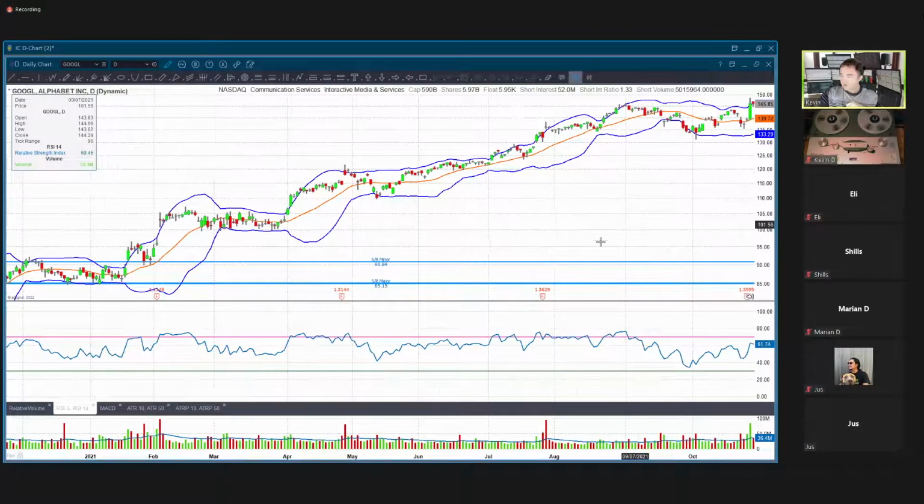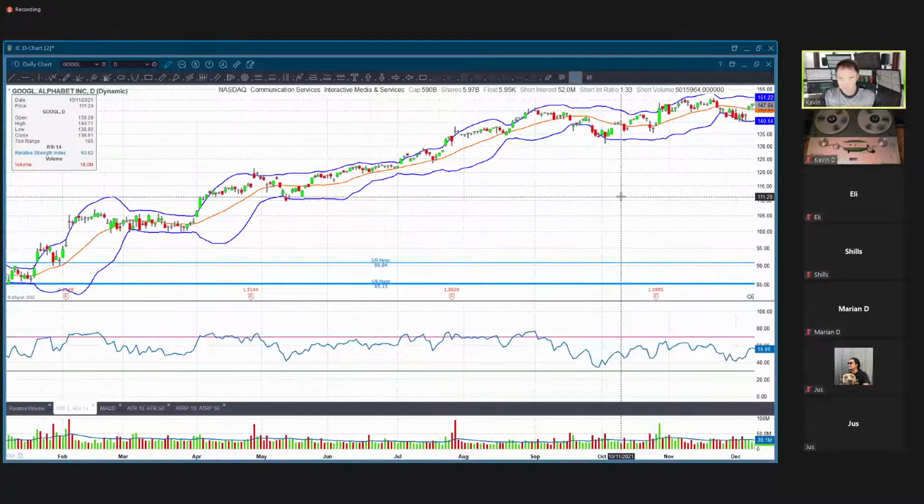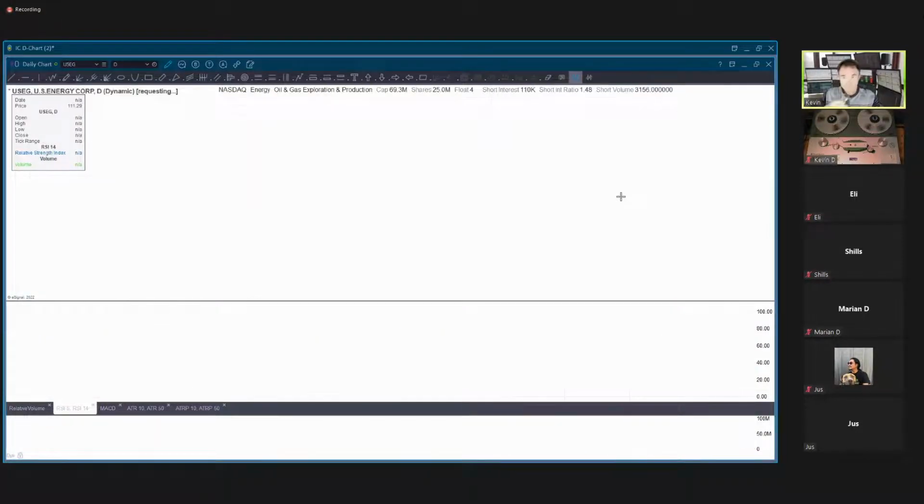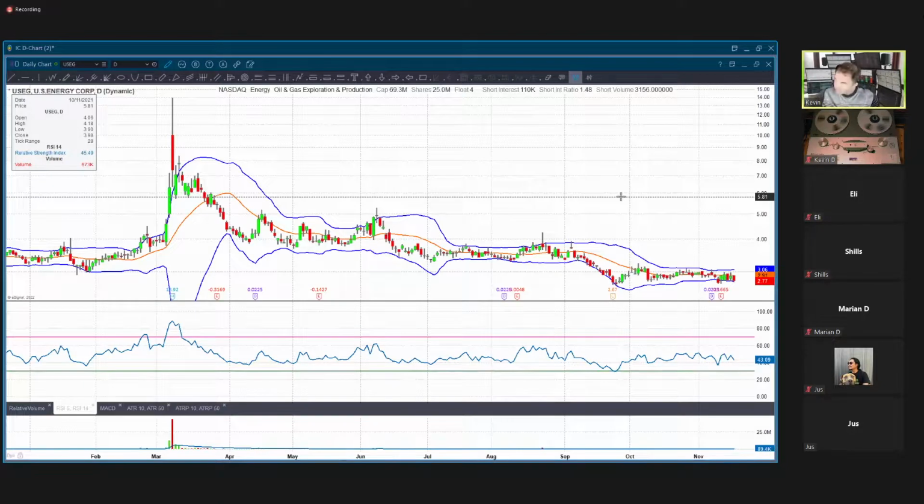Let's look at one that is setting up right now. So you can see this USEG. It's got a lot of fairly tight action. But we can see we've got a squeeze going on right now.